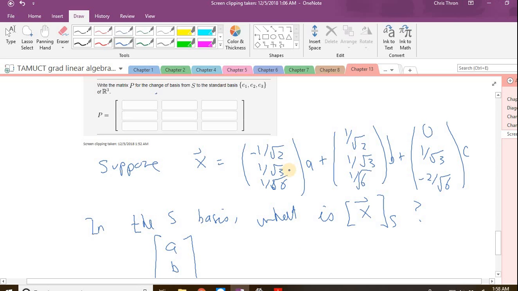You've replaced this vector with another vector. I think it's important to realize that this basis vector here in the standard basis is these values. So in fact, this first vector in the standard basis is minus 1 over root 2, 1 over root 3, 1 over root 6. This whole calculation gives me x in the standard basis. So this right-hand side is x in the standard basis.